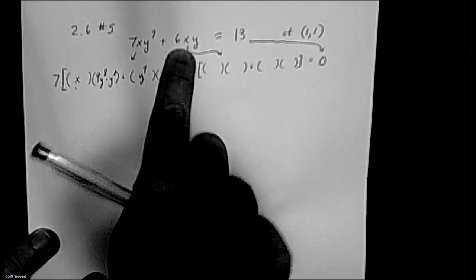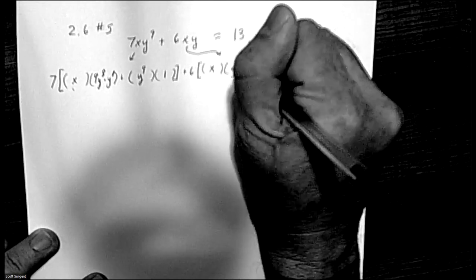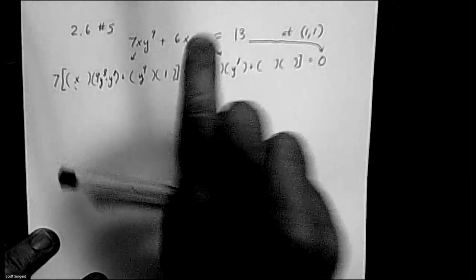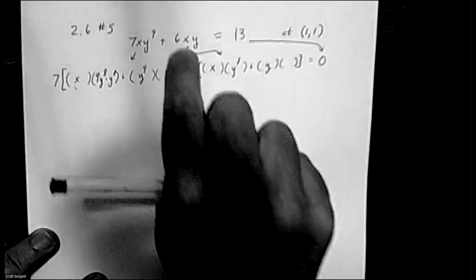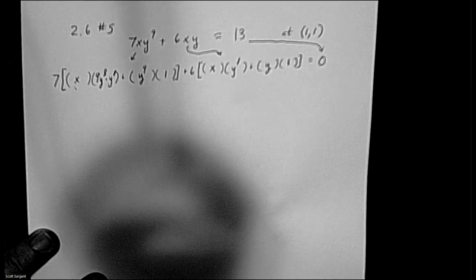Same thing here. First, which is x, times the derivative of y, which is y prime, plus the second, which is y, times the derivative of the first, which is 1. And we're asked to find dy/dx at (1, 1).